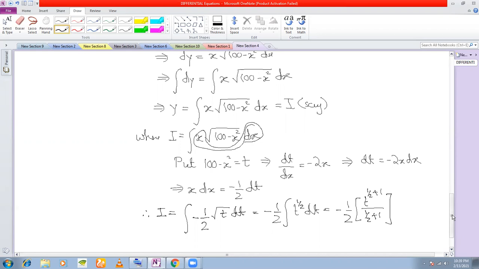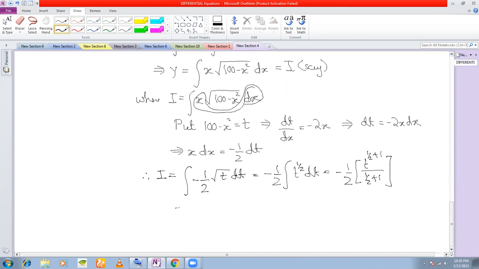Constant of integration, I'll put it later when I'll put the value of I. Okay, so we get minus half. This is 3 by 2. That means this becomes 2/3 t to the power of 3 by 2. So this cancels. You simply get minus 1/3 t to the power of 3 by 2.